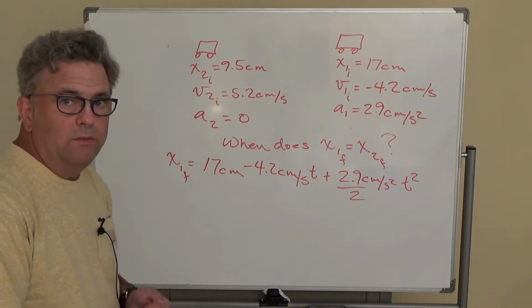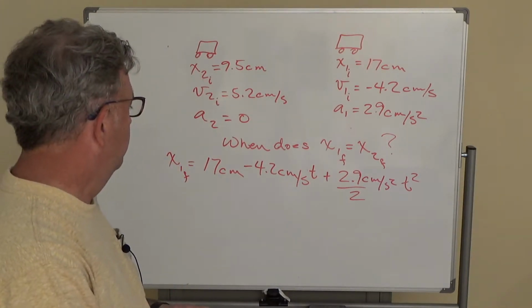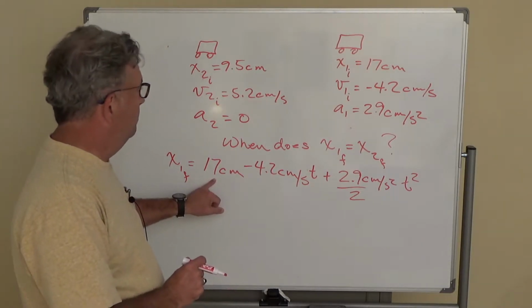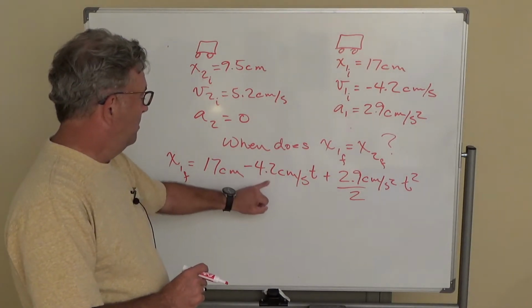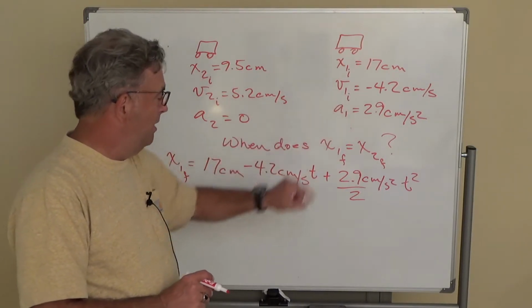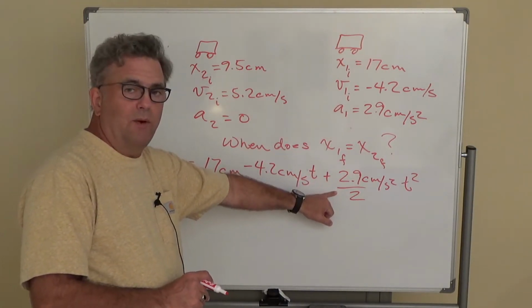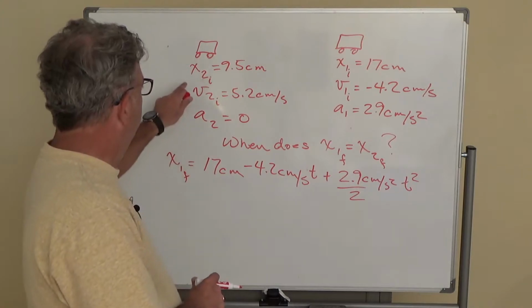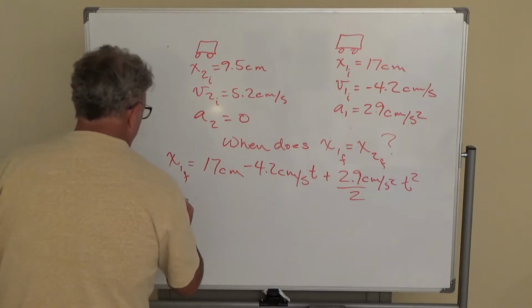That's the initial position for x1, that's the initial velocity, you have to keep the negative, and that is the acceleration.